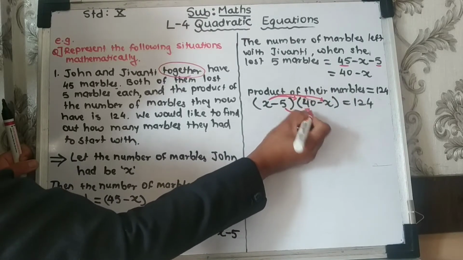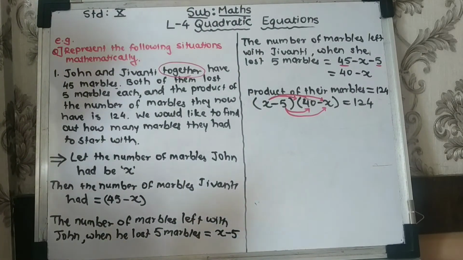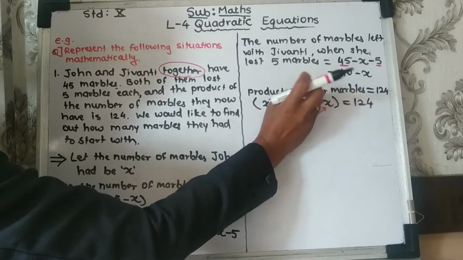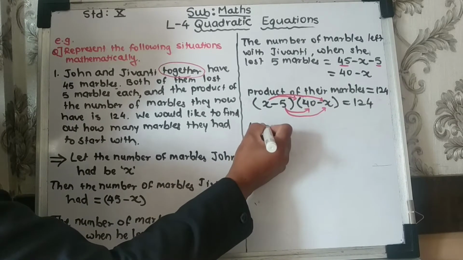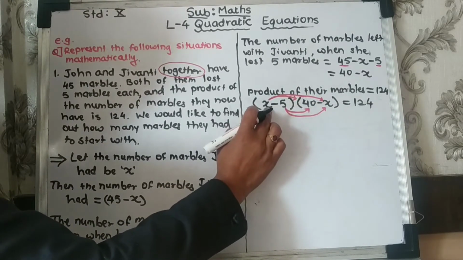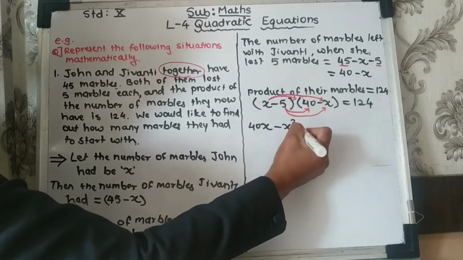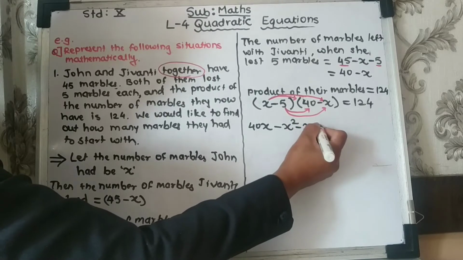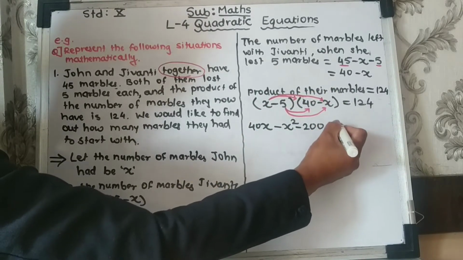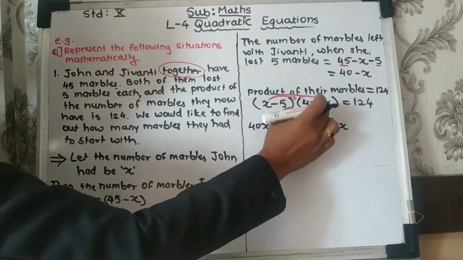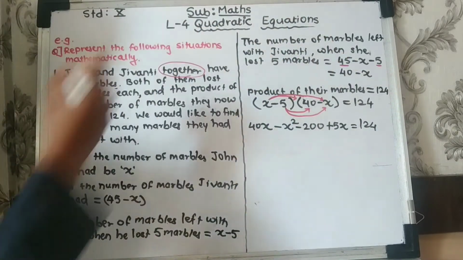In the same way, we multiply minus 5 with both terms. So x into 40 is 40x. Then x into x is x square. 5 into 40 is 200, with a minus sign. And 5 into x is plus 5x. Minus 200 equals 124.